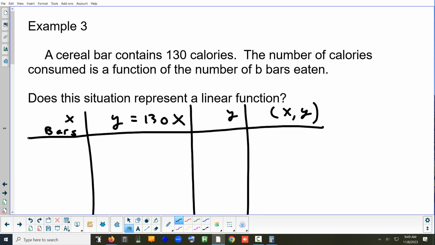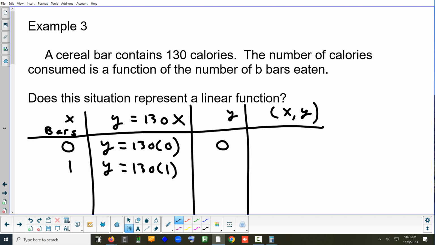Okay. What if you eat 0 bars? How many calories would you get from eating 0 bars? 0. 1 bar. How many calories would you get from eating 1 bar if you eat the whole thing? 130.